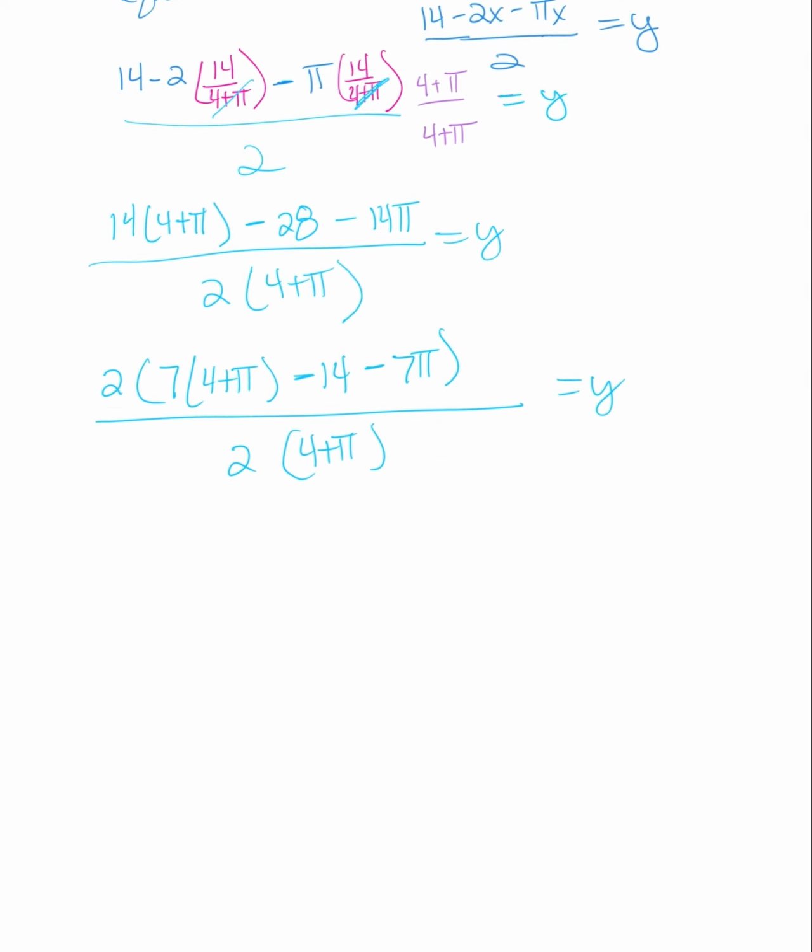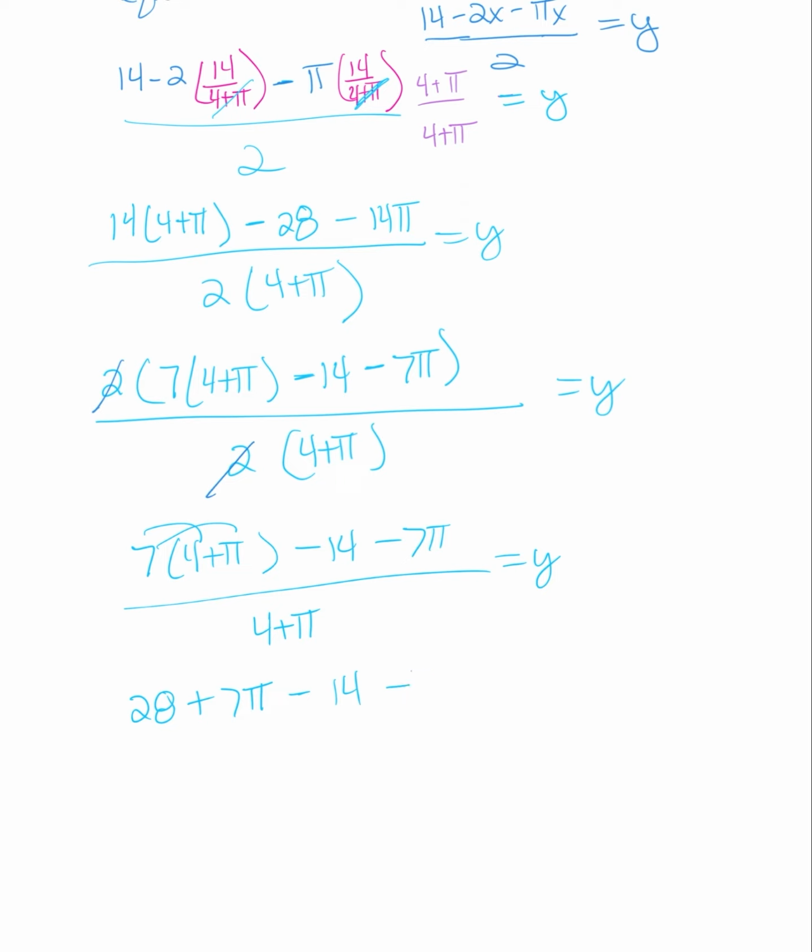All right, so now we see that these 2's will cancel, and we're left with 7 times 4 plus pi, minus 14 minus 7 pi, over 4 plus pi, equals y. All right, so let's distribute. So that is going to be 28 plus 7 pi, minus 14 minus 7 pi, over 4 plus pi, equals y.